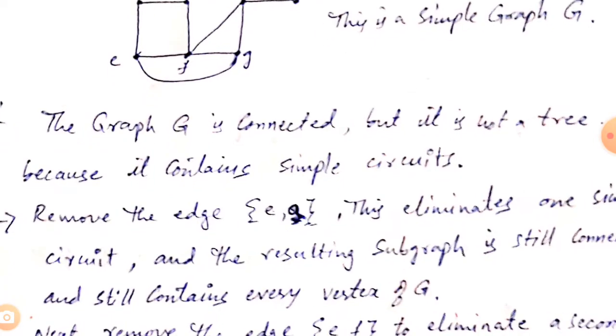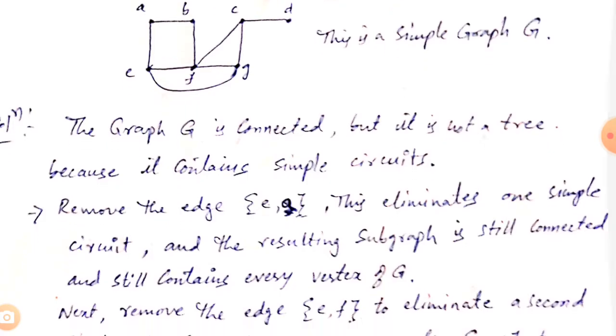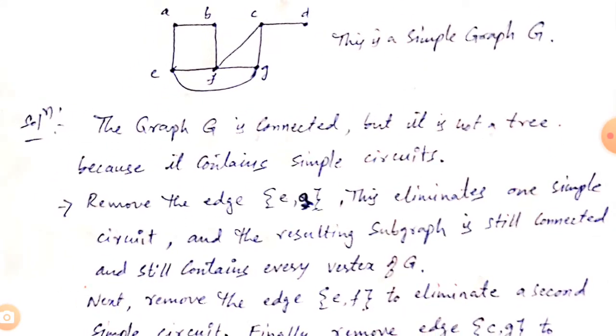Now observe, removing the edge E comma G, the direct edge, not through F. If we eliminate this edge, one simple circuit will be eliminated.